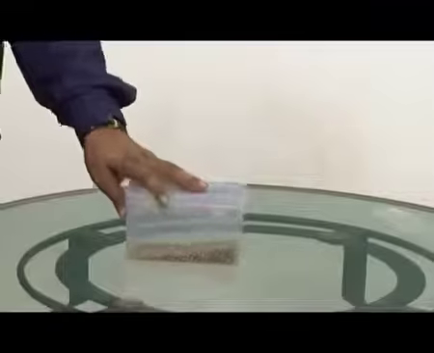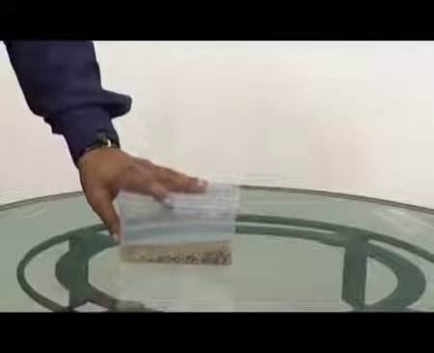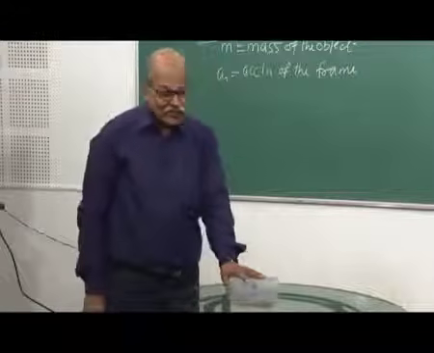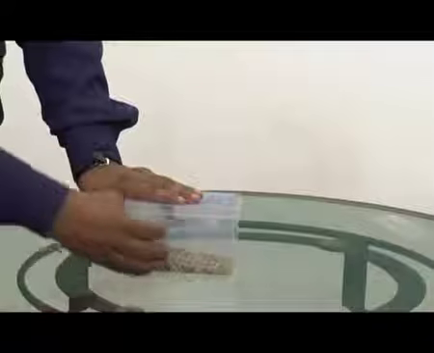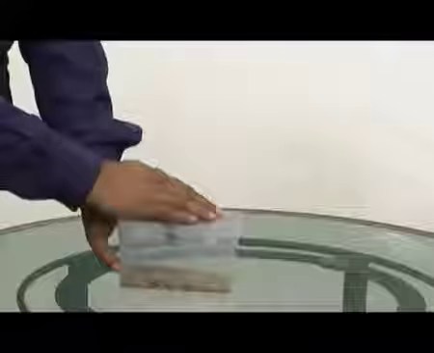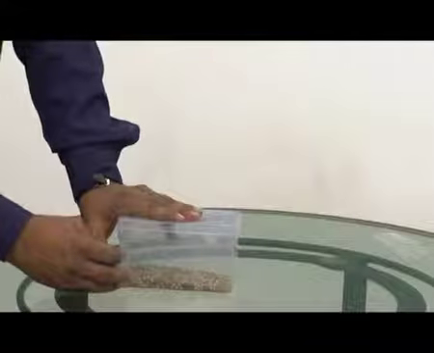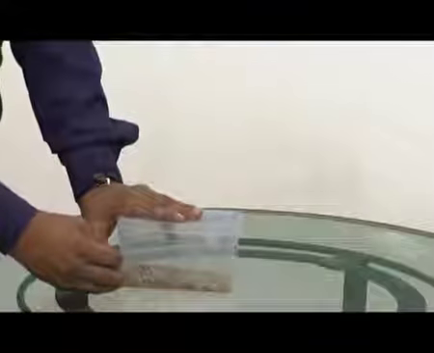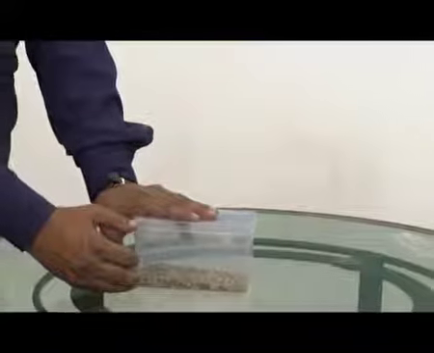So what did you observe? To begin with, you found that these pulses are getting accumulated on this side. So they had an acceleration with respect to the frame on this side, and that is understandable from our equations.